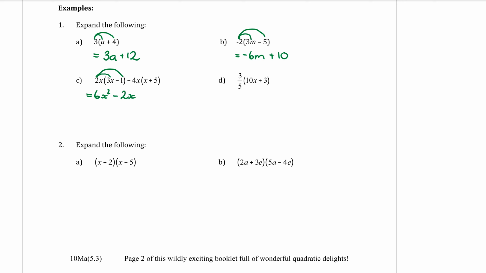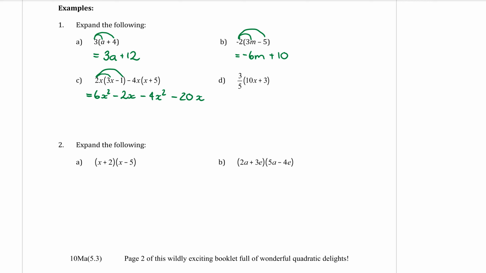So minus 4x times x is minus 4x squared. Then minus 4x times a positive 5. Minus 4 times 5 is negative 20 and the x.